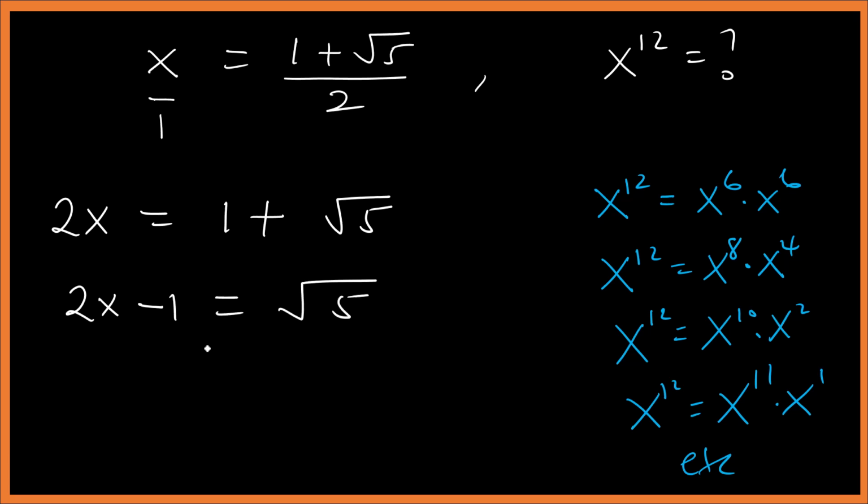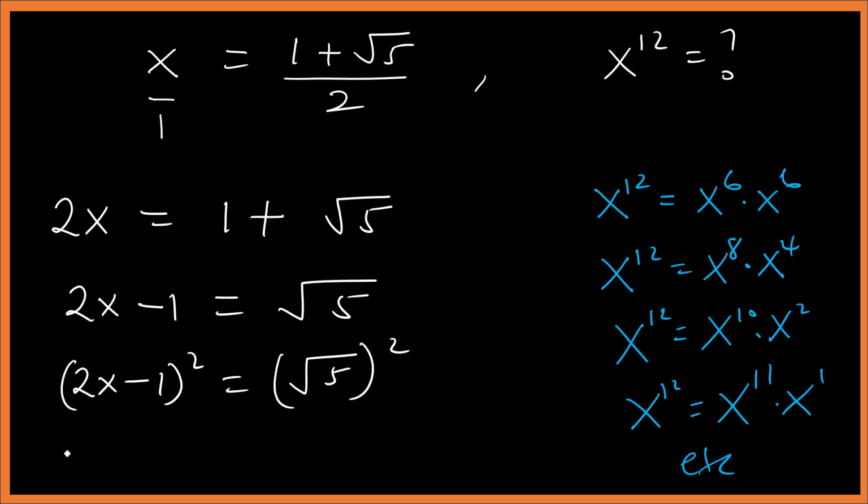So let's square both sides. So (2x minus 1) squared equals root 5 squared. So we have 4x squared, then 2 times that, minus 4x plus 1 equals, so this one will cancel, 5. So let's arrange it.